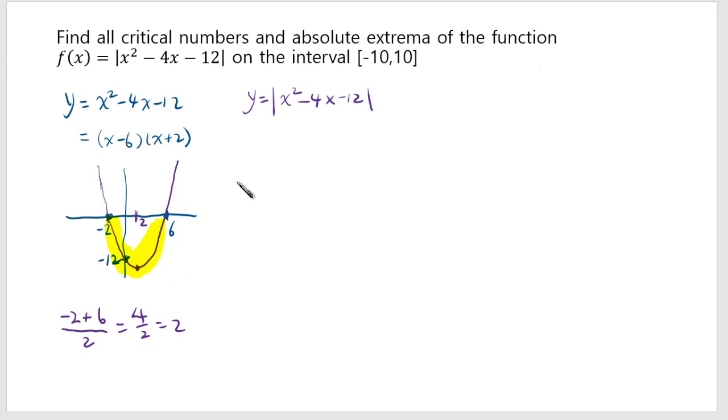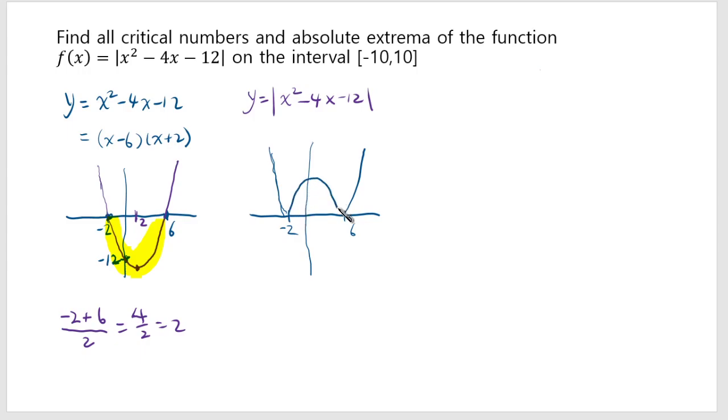So what we want to do is take this graph and draw a copy of it, but it will only agree with the original graph when it's above the x-axis, and this highlighted part will be flipped over because it has to become positive, right?